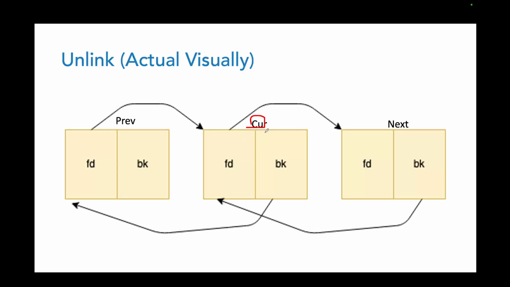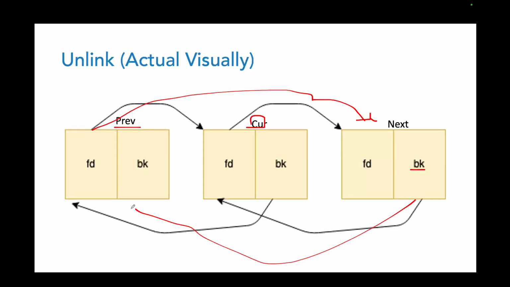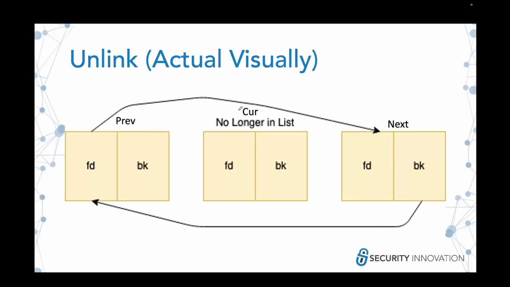So once we're at cur, we want to specify prev's FD to go all the way to next. And now we need to specify next's BK, or back pointer, to go all the way to prev. In effect, there are no pointers to cur anymore. As far as we're concerned, cur is no longer in this linked list. This is how it looks cleaned up.